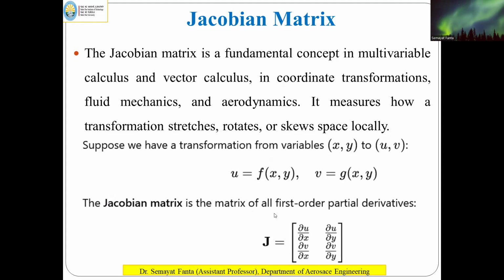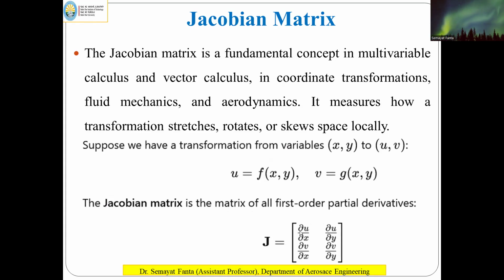The Jacobian matrix of first order partial derivatives is given with the first row du/dx, du/dy, and the second row dv/dx, dv/dy. These are actually obtained from the Cauchy-Riemann equations.